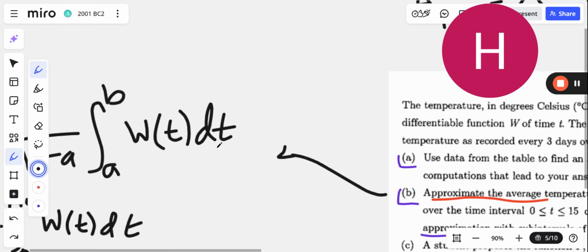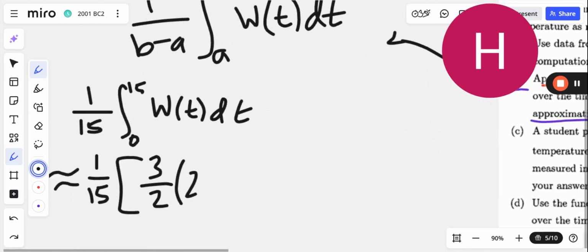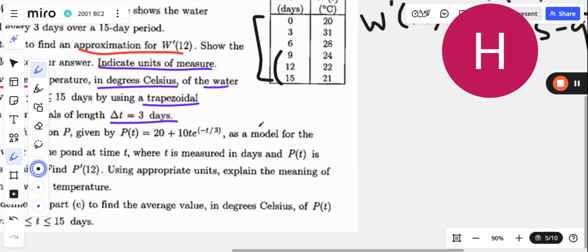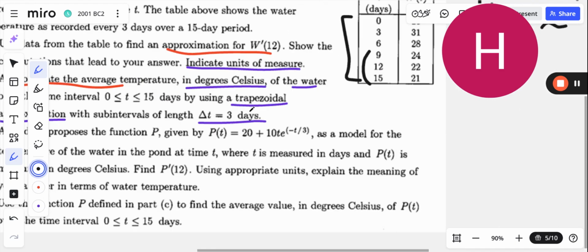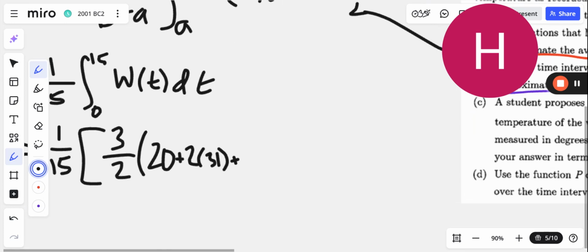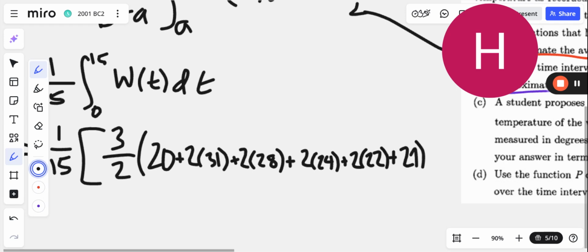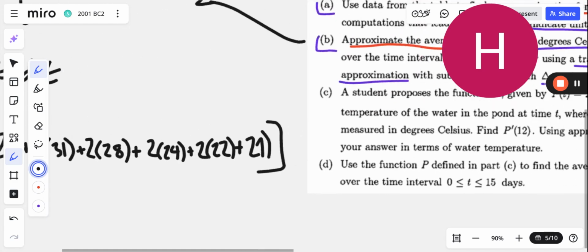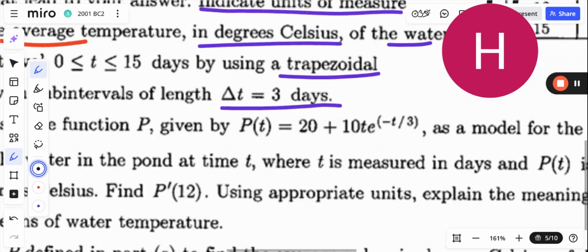So we basically have 20 plus 2 times 31 plus, let's see all those values, 28, 24, 22. There are two of those, and then the end point is 21, so there's only one of those on the final trapezoid. Okay, let's make sure I got that right. Double check it. Yeah, okay.